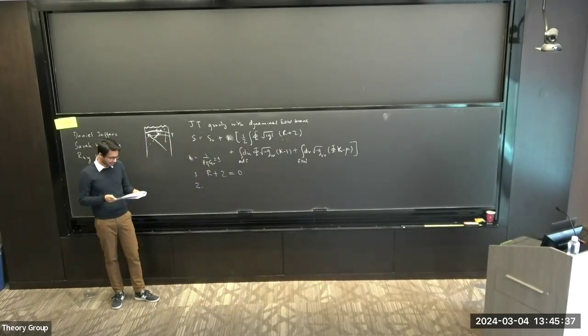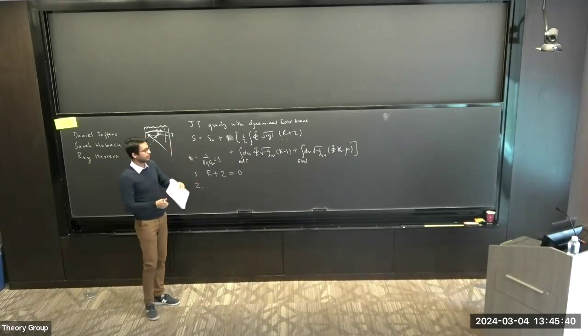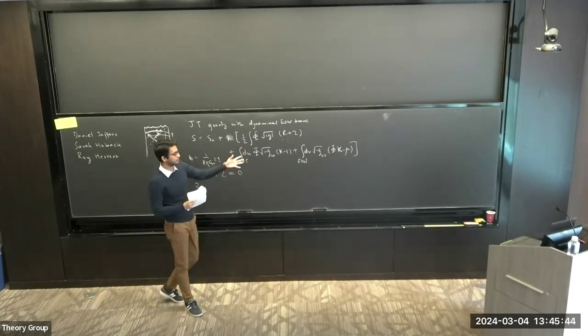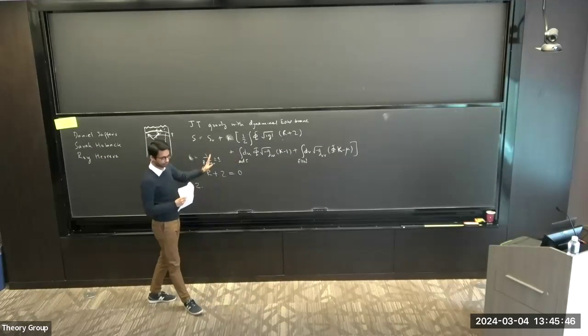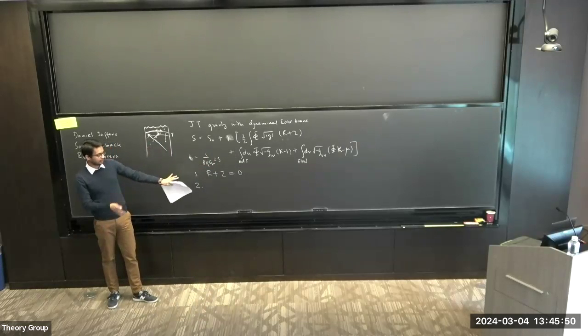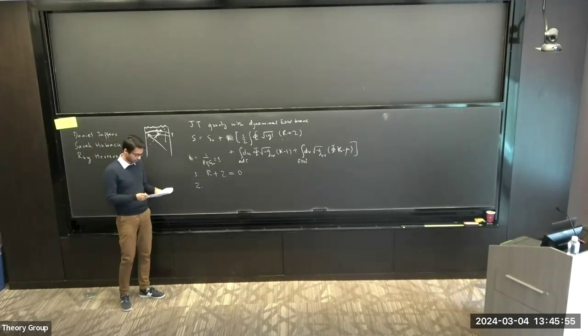What is mu? Mu is the mass, or tension, of the end of the world brane. So that's a parameter of the theory from my point of view. It will be clear in some time where the brane is, what the geometry is. Just bear with me a little bit.